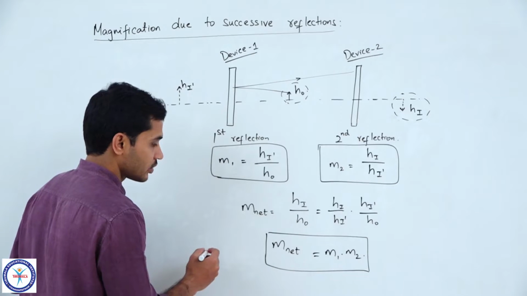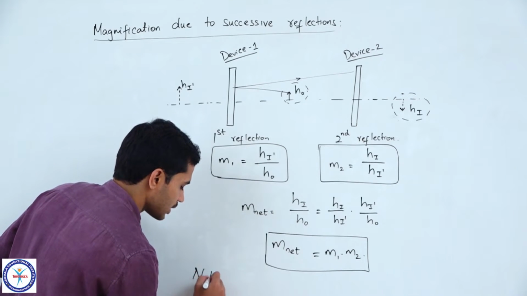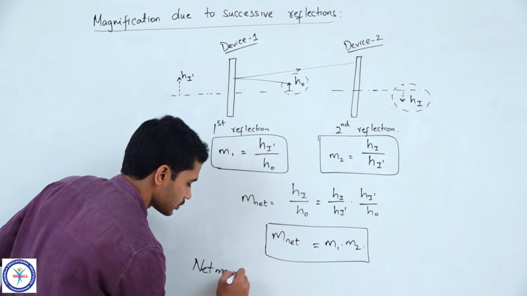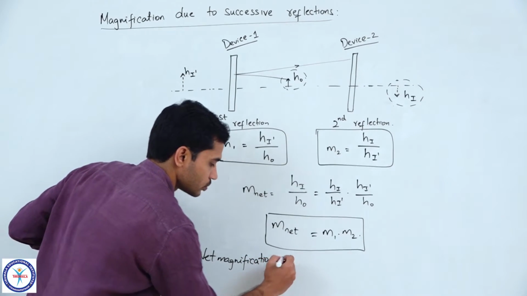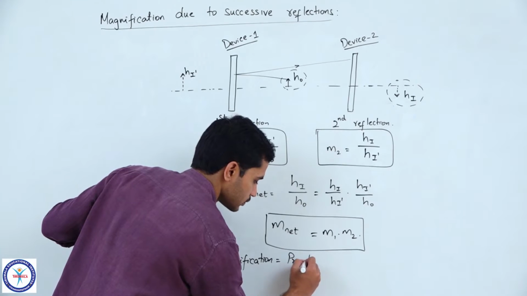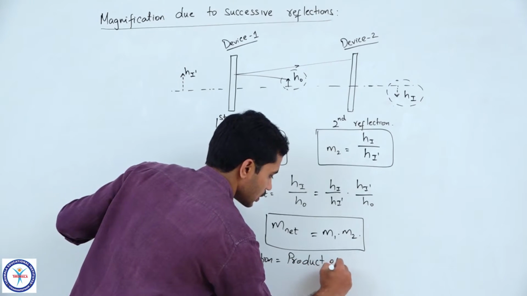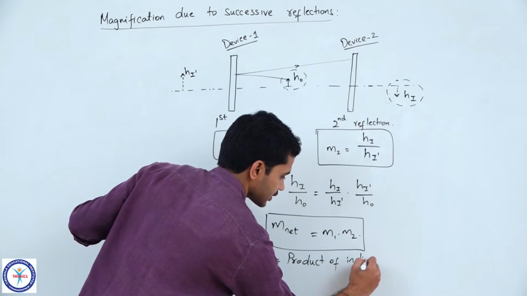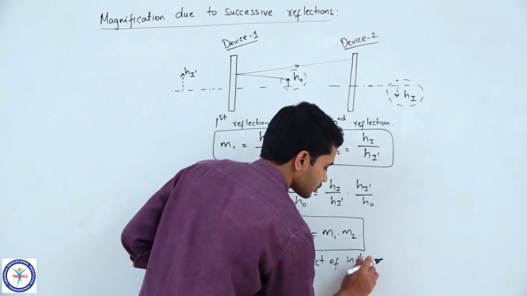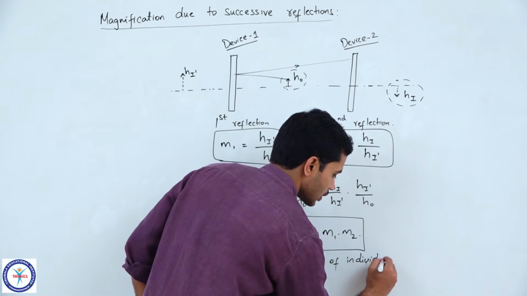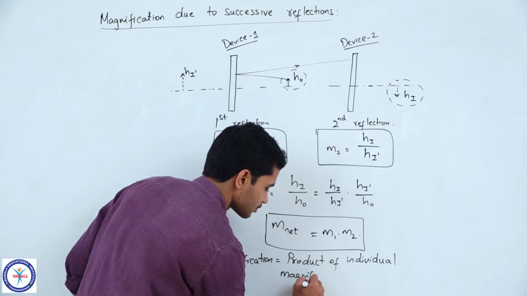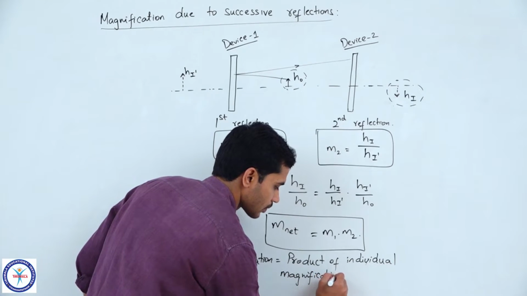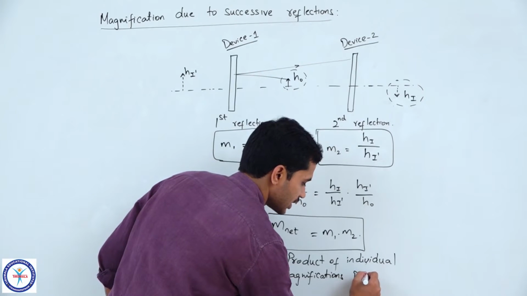So, we can write that down here also. Net magnification is equal to the product of individual magnifications produced by each device.